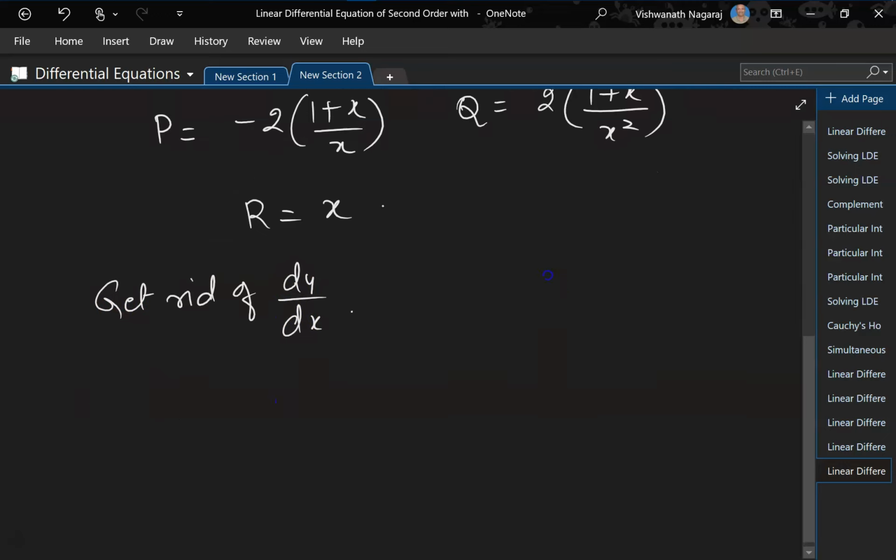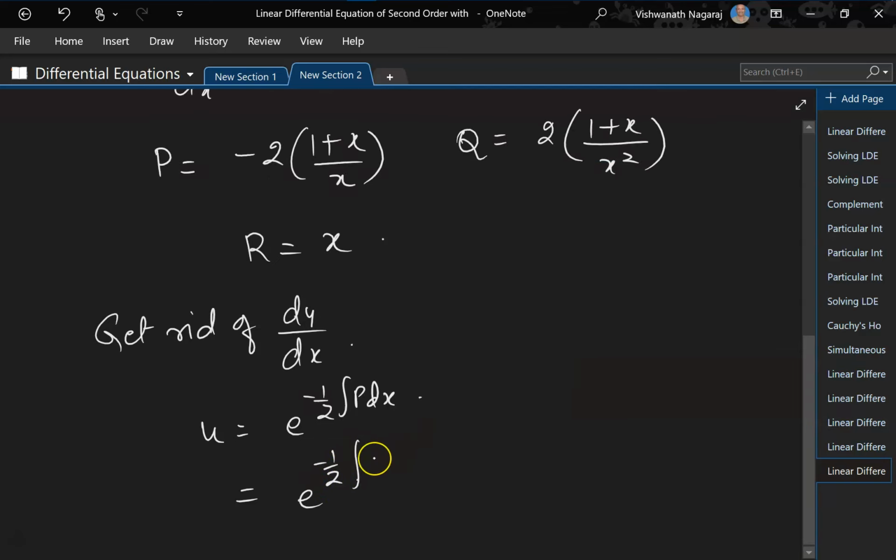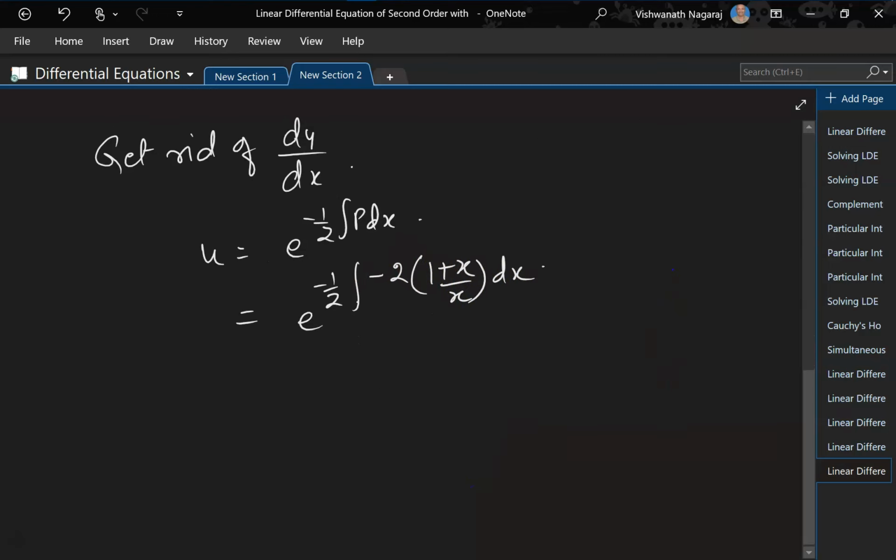For this, we are going to use u is equal to e to the power of minus half integral of p dx. Now, e to the power of minus half integral of minus 2 times (1 plus x) by x dx. If we bring 2 out, 2 and 2 cancel out, and minus into minus is plus.